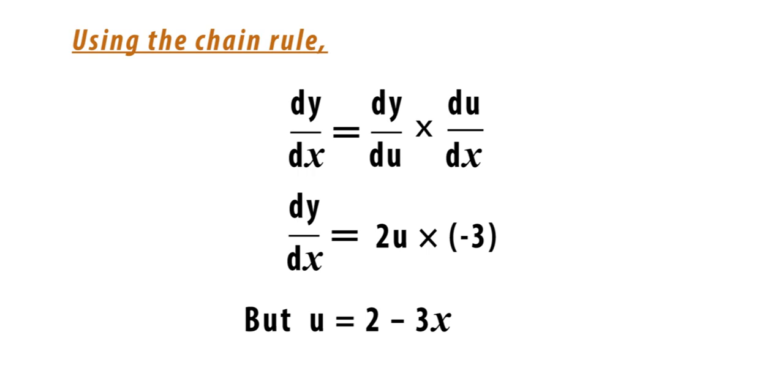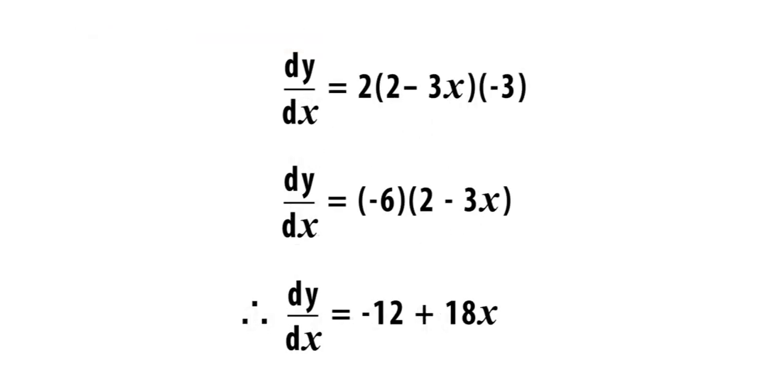But remember, u equals 2 - 3x. Replacing that, we have dy/dx equals 2(2 - 3x) multiplied by negative 3. When we simplify that, we have negative 6(2 - 3x). Here we can decide to expand. Therefore, dy/dx equals negative 12 + 18x.